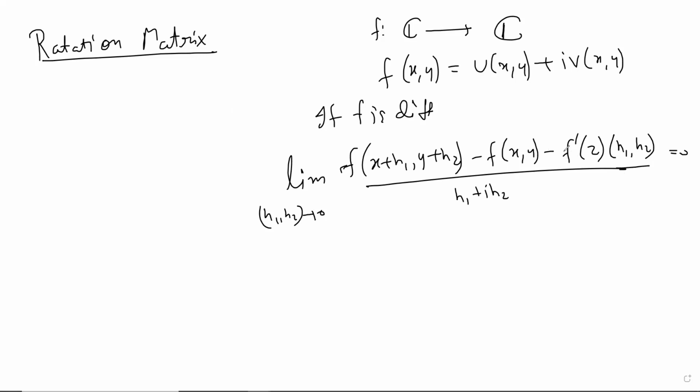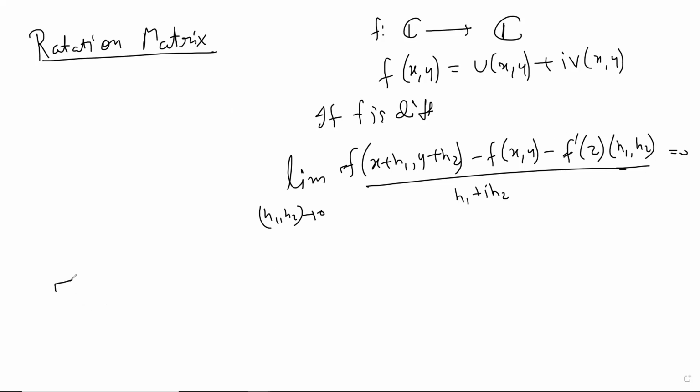From here, we were trying to understand, if you try to view this, f is also a function from R2 to R2. So you can try to view this thing as a matrix multiplication, right?